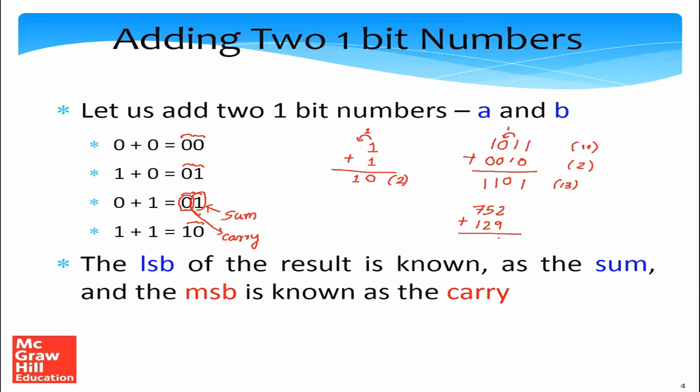So 2 plus 9 is 11. I write 1 and then I do a carry. So it's 1 plus 5 is 6 plus 2 is 8 and 7 plus 1 is 8. So the same way we do a carry in base 10, we do a carry in base 2 as well. And so in the case of a 1 bit, we call the least significant bit as the sum and the next bit as the carry.